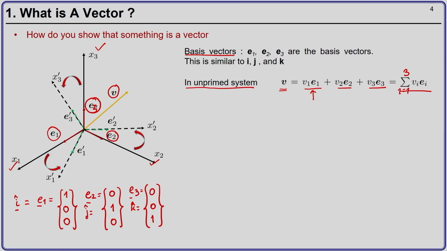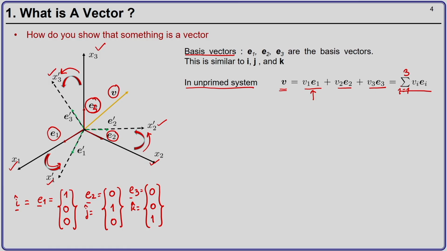Now, we rotate the coordinate system. This is shown here by these red arrows. So, what we have done now is rotate the coordinate system. The new system becomes x1 prime, x2 prime and x3 prime.